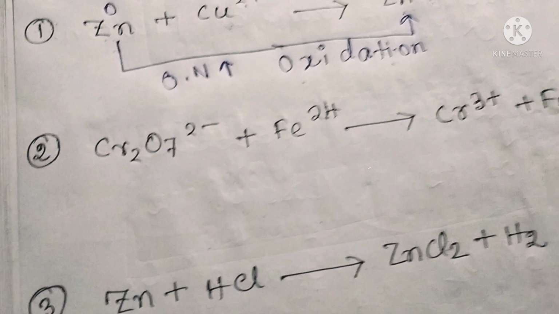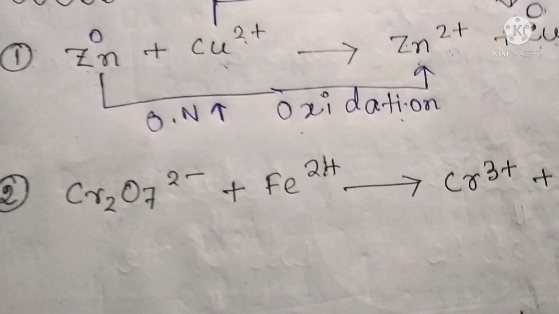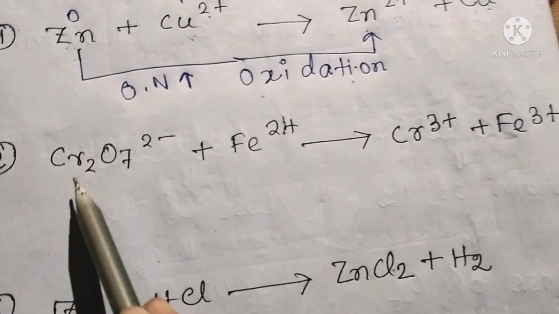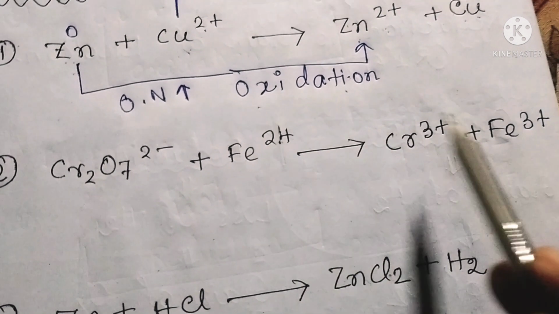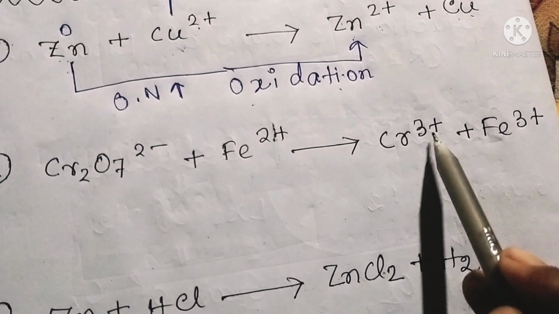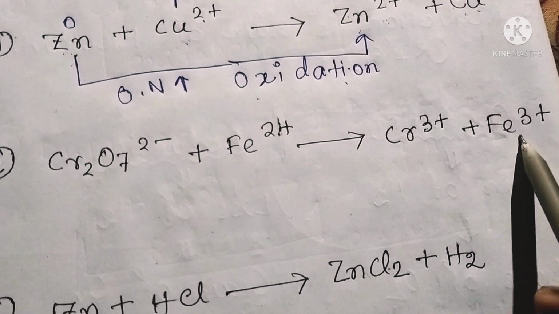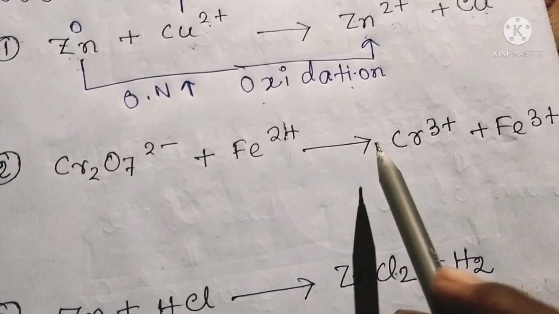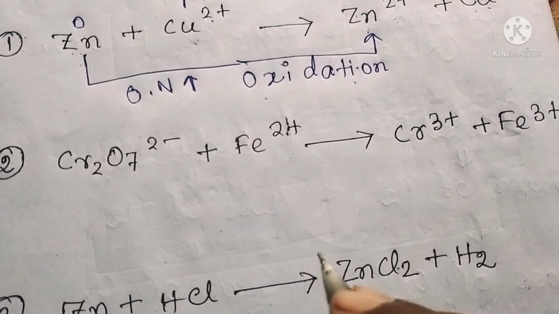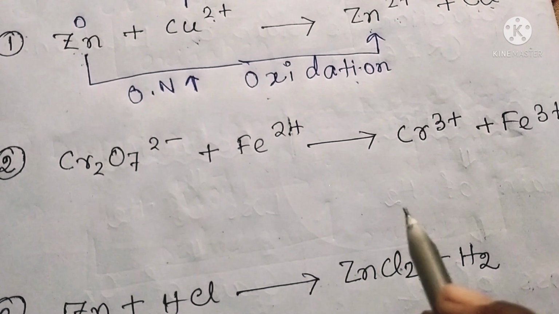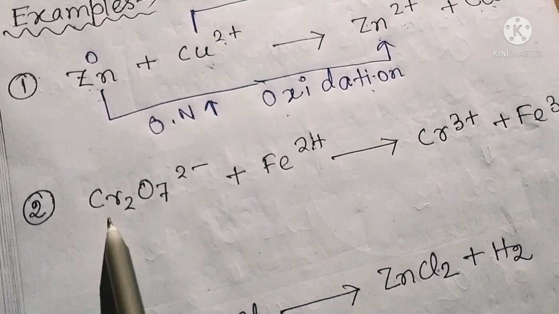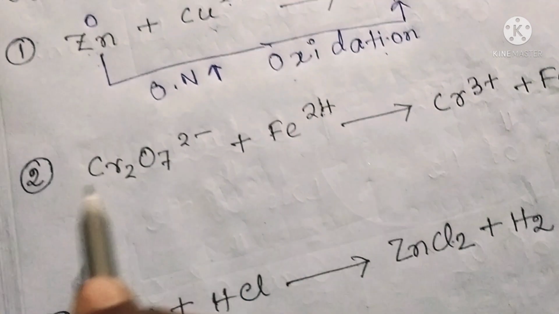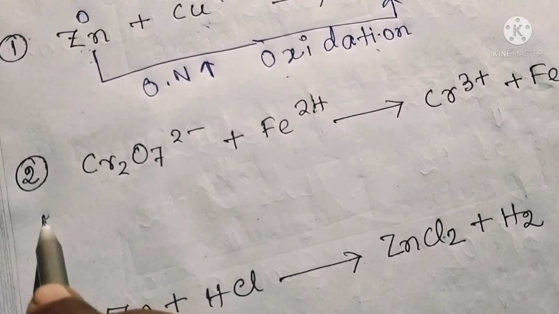So students, let's take another example. Cr2O7 2- plus Fe2+ turns into Cr3+ plus Fe3+. Pause the video and try to do this. So let's do it. What is the oxidation state of chromium? Let the oxidation state of chromium be x.